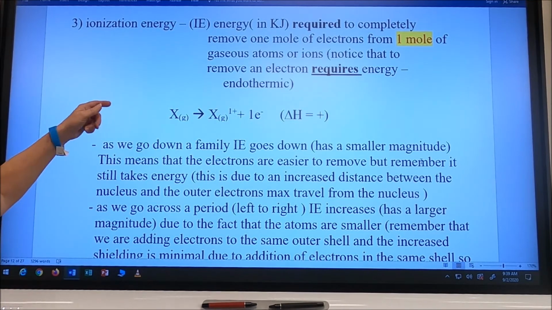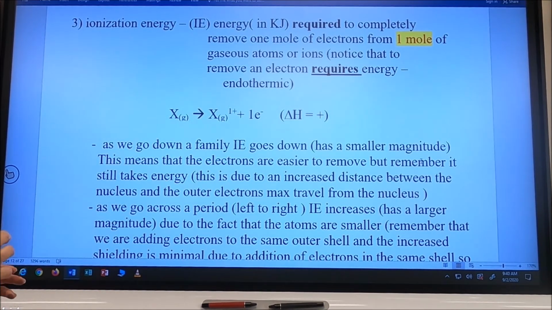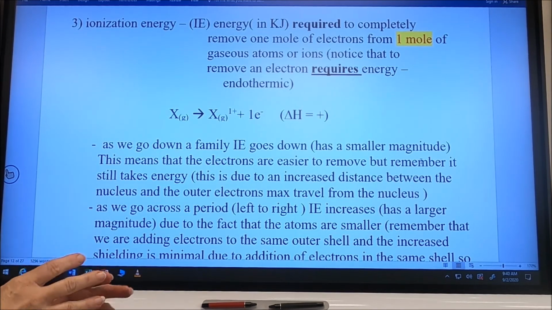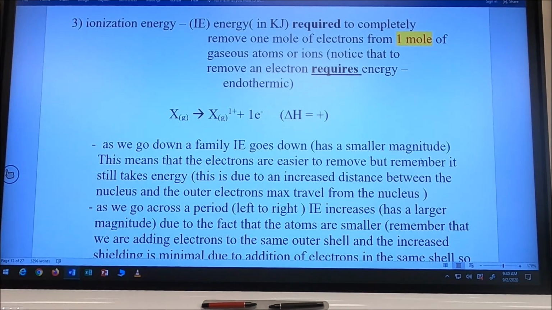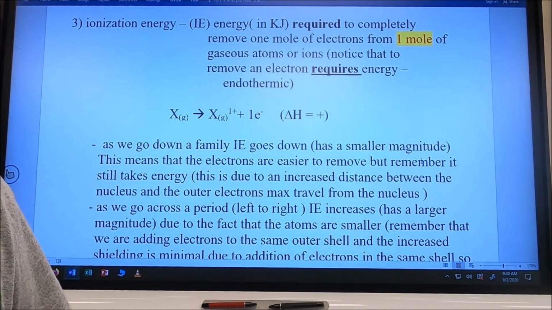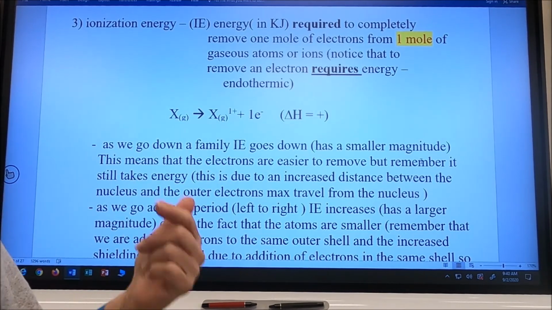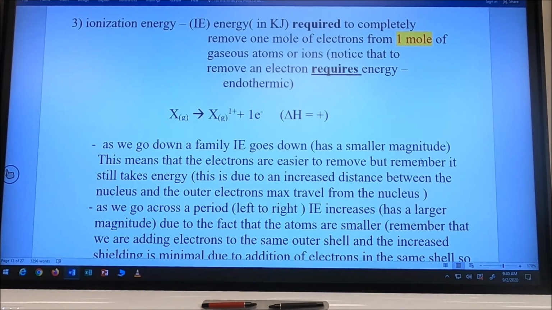As we go down a family, ionization energy gets smaller because the atoms are larger and those outer electrons are traveling on average further away from the nucleus and don't feel as great an attraction to the nucleus. So as we go down, it gets easier to remove an electron. So it's easier to remove an electron from potassium than it is to remove an electron from lithium.